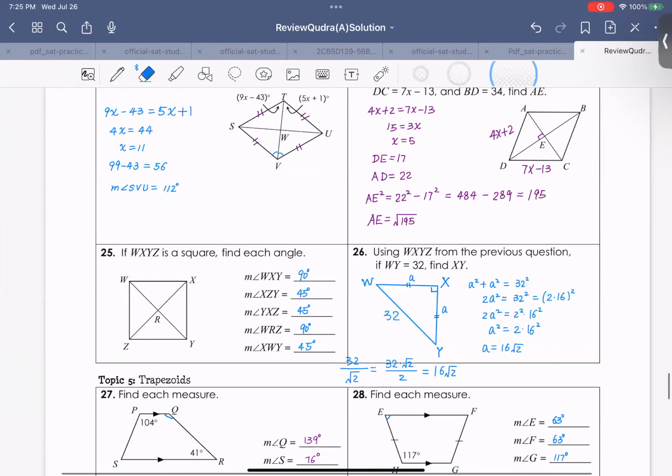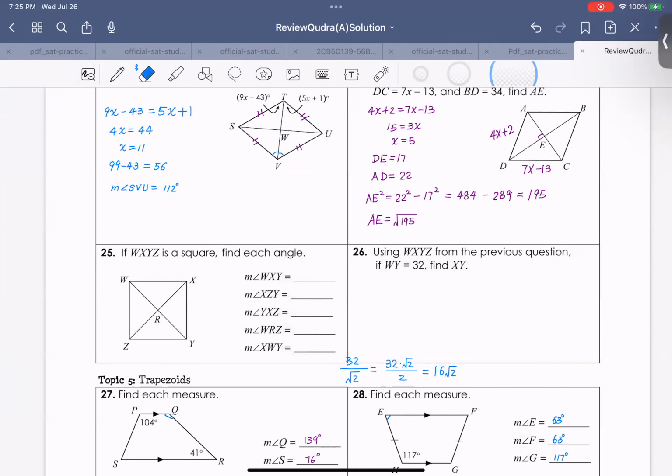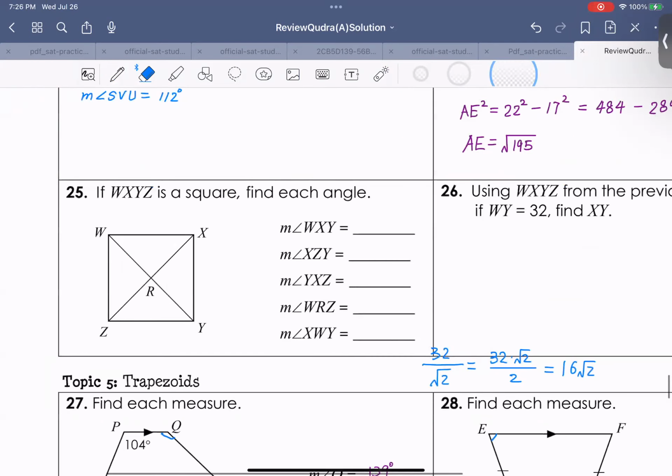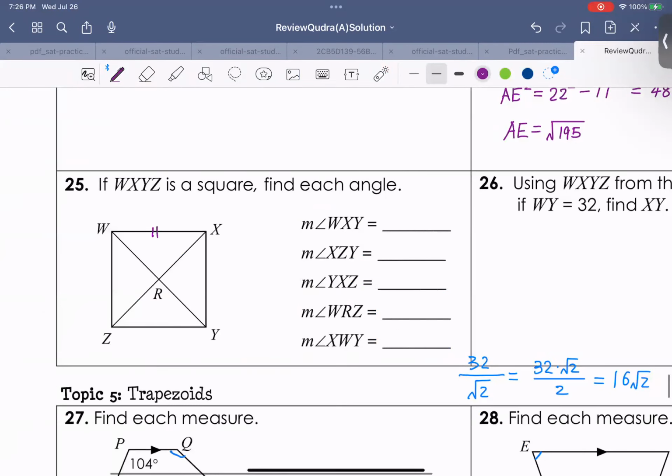Next one, we will do the square. Special things about a square. Let's try here. This is a square. As a square, we know all of these sides are equal, right?